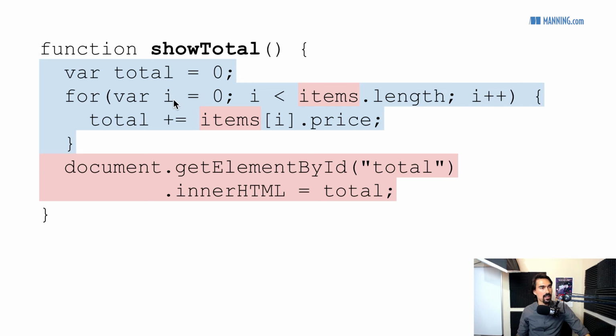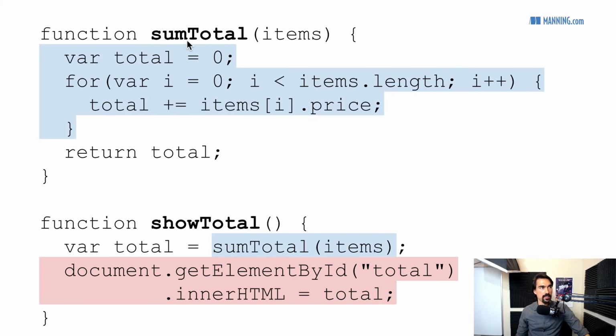So this iteration through the items array and adding to total, all that stuff is going to give you the same answer. If items were the same, this total is always going to be the same. So we can probably look at this blue stuff and try to extract that out as a calculation.